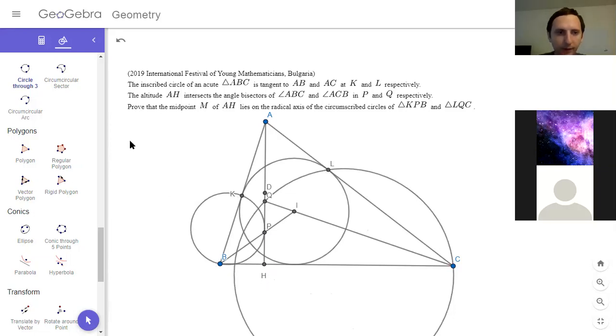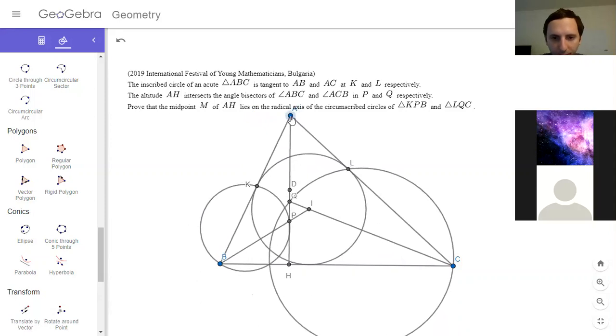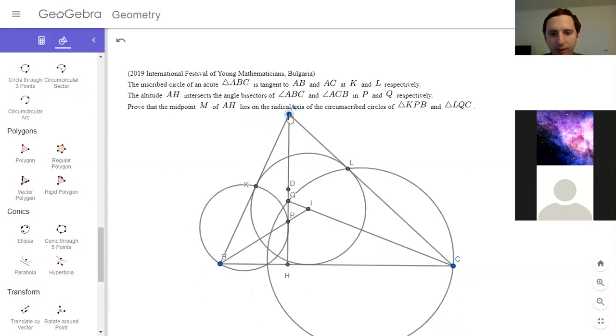And, oh, it looks like these circles intersect on BC. Is that true? Is that obvious? Let's see. It's probably just an angle chase, I would guess. Because if this circle intersects at X, then we have angle PXC is equal to angle PAB.